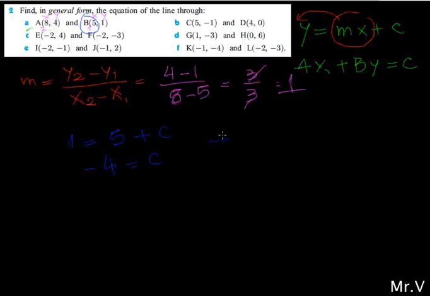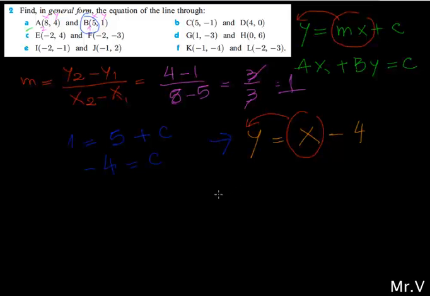Now I can say that my equation of the line is y equal m, it's 1, so nothing to do, don't write it, x plus c. What is c? It's -4. There you go. So what I want is to have this form of the equation, so I just have to move the x term to the left by doing -x.